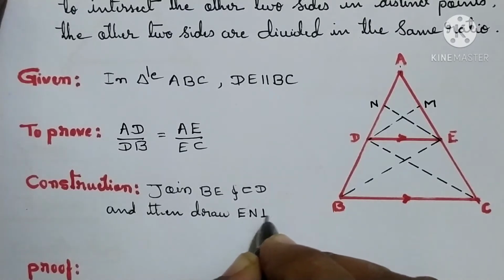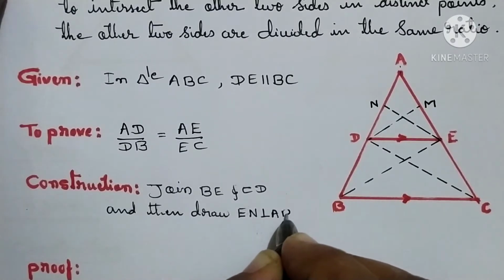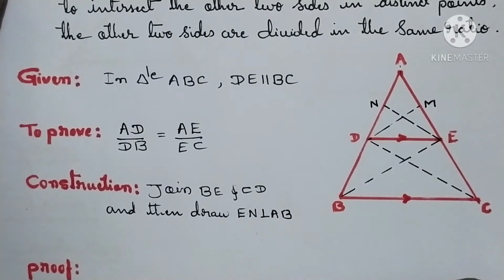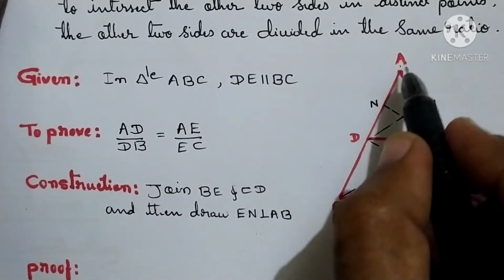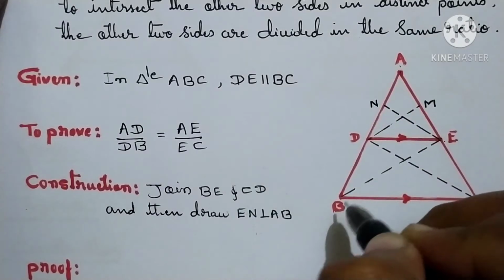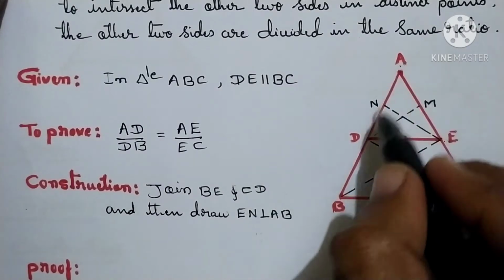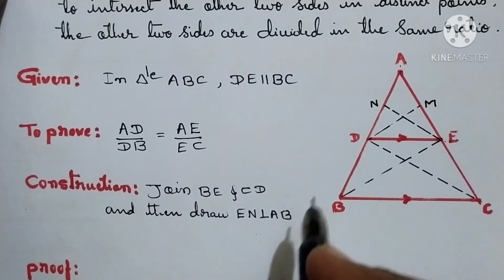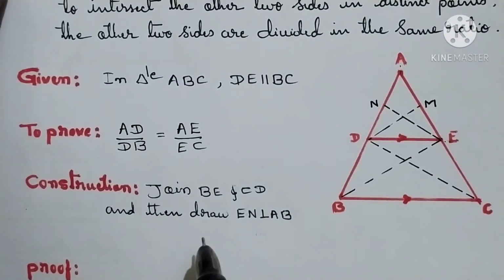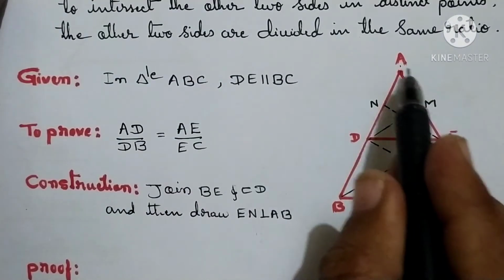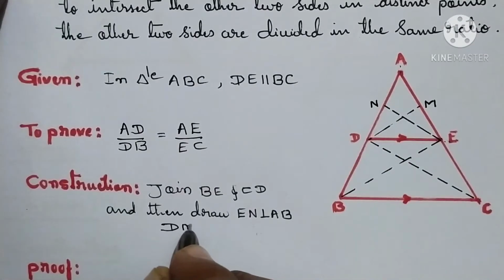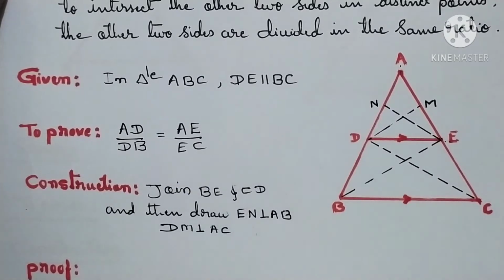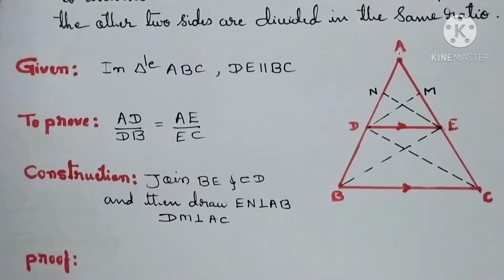So here EN is perpendicular to AB. And DM is perpendicular to AC.